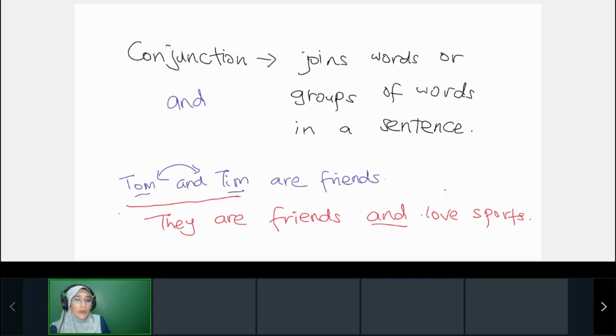All right, so a lot of us would love to use the word "and." Now, maybe you don't like to use the word "and." You can also use another conjunction, "but." If you want to use "but," this is contrasting. It's a contrast.